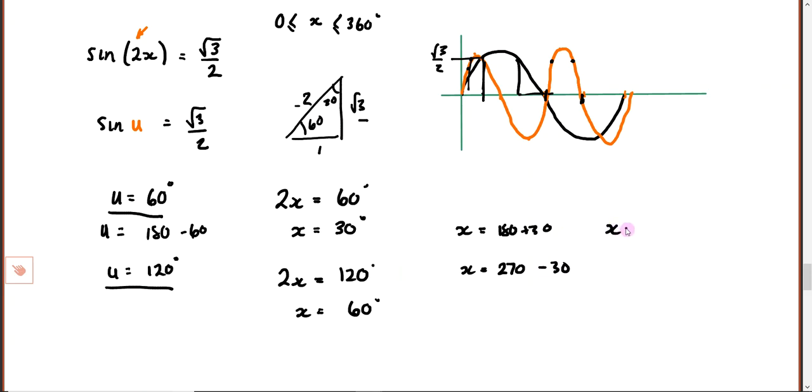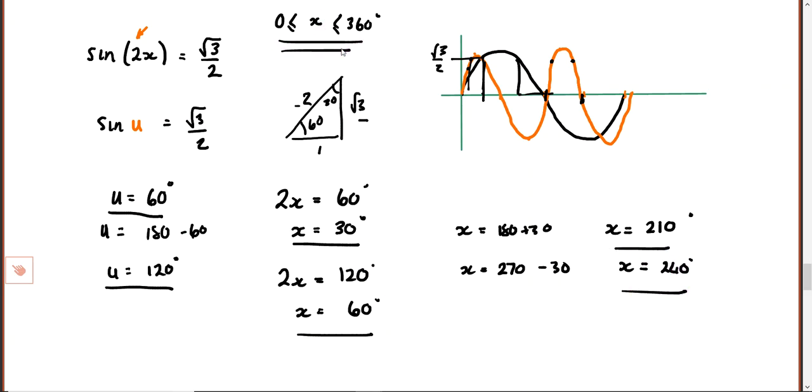So that would be x is equal to 210, and this would be x is equal to 240. So I would actually have 4 solutions in this given domain. But it's relatively simple because there's no magic. If I've got 2 waves, all my solutions just get halved.